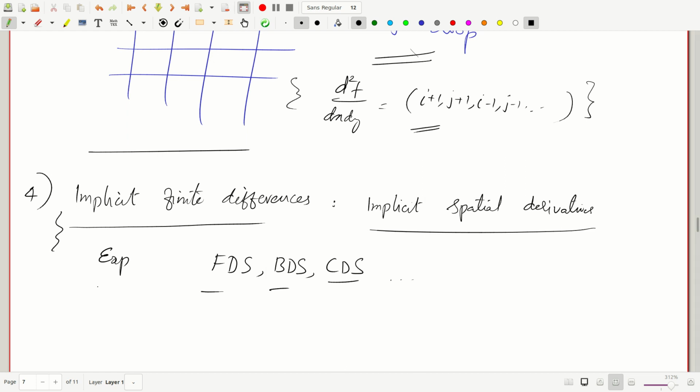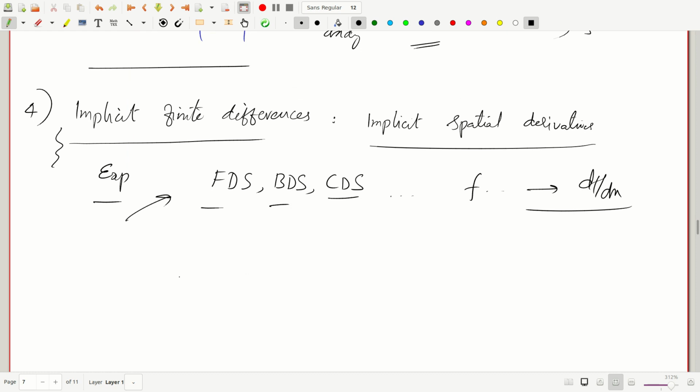All these things were explicit because you just have to plug in the values of the function f of i, and then calculate what is the derivative at any point. Sometimes these schemes are not enough. Sometimes we have essentially another class of schemes which are called implicit schemes. They have higher order accuracy, even on a small stencil.